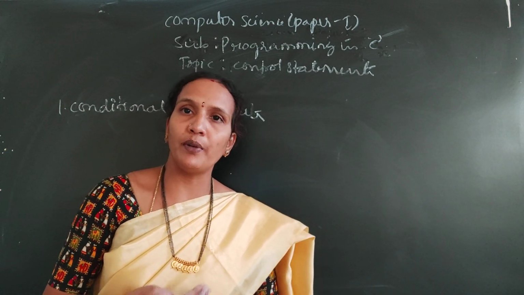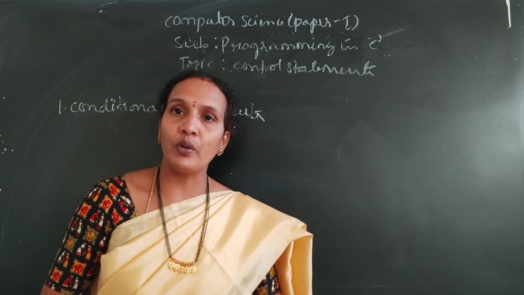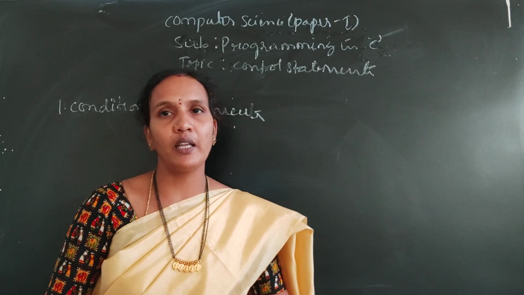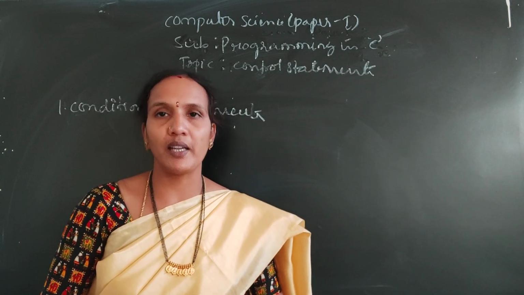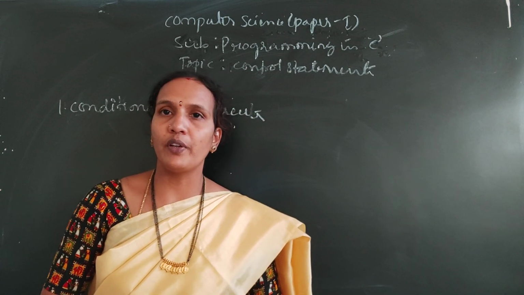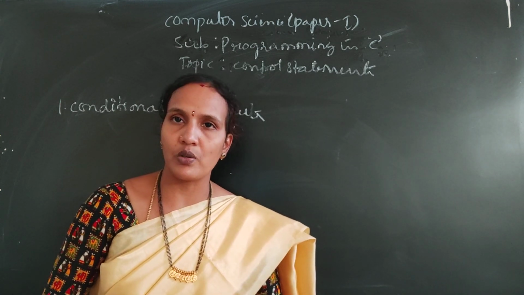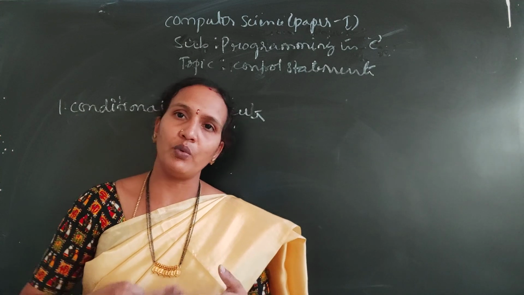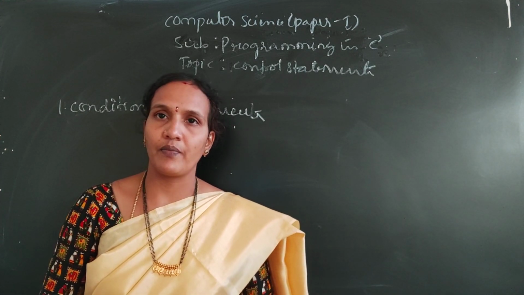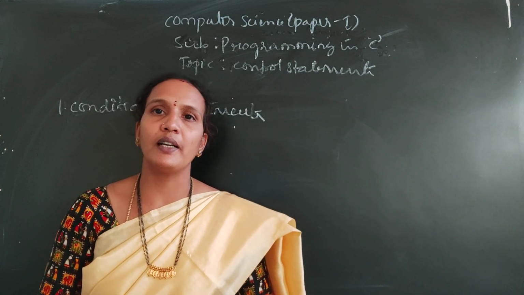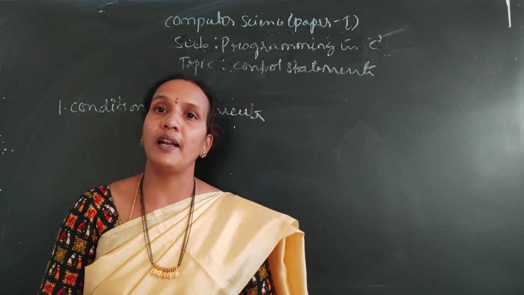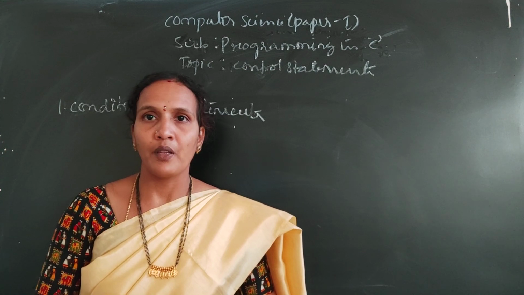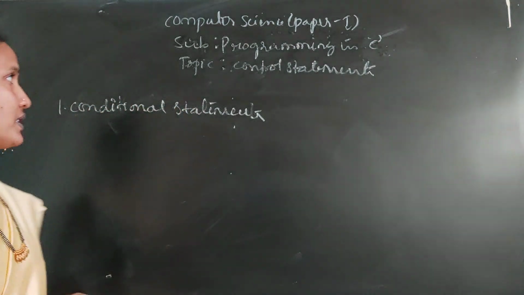So if you want to implement a condition and execute statements based on that condition result, then we will take the help of conditional statements. Okay, so when you are writing a program in real-time applications also, you may have to include n number of conditions. So if you want to implement the conditions, then we will take the help of conditional statements only, and conditional statements are also called selection statements. Okay, understood? Selection statements, conditional statements.